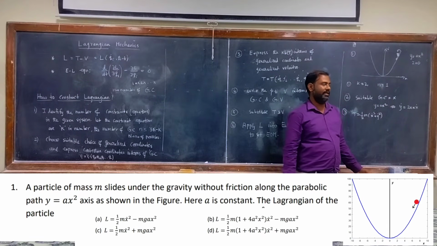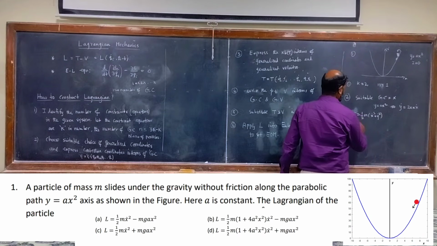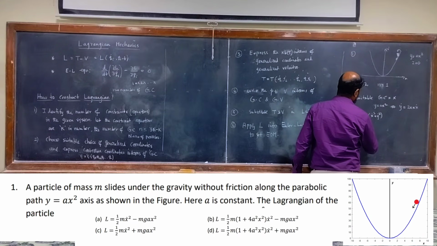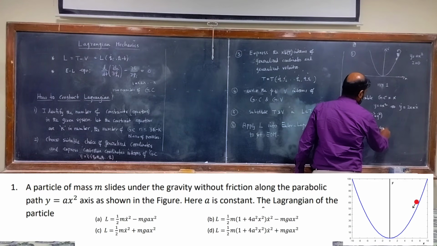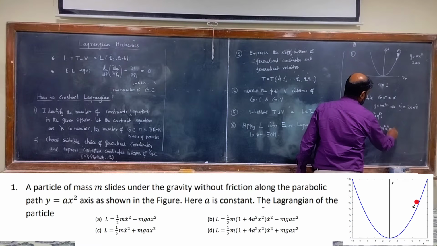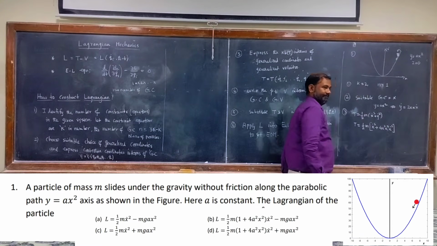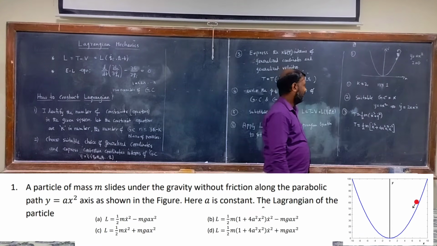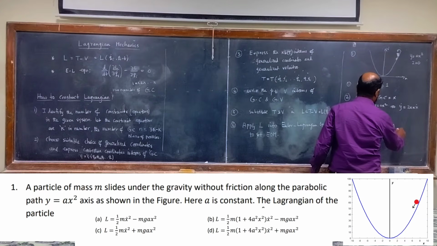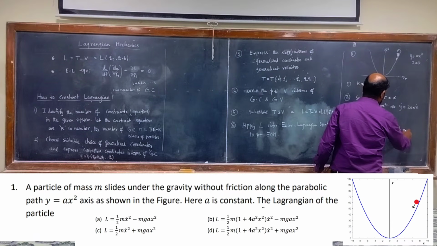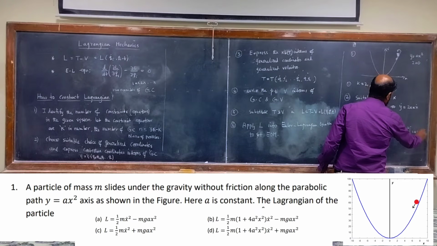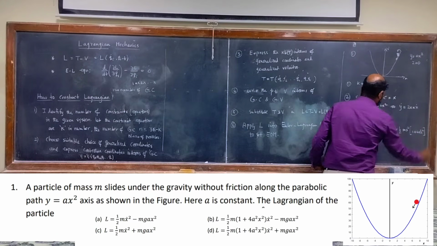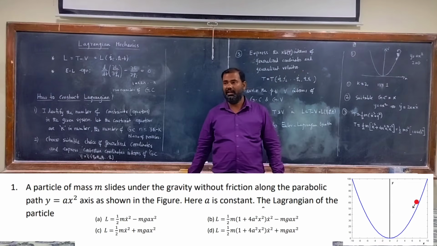So now substitute. So T is equal to 1/2 m x dot square plus 4 a square x square x dot square. We take 1/2 m x dot square common: 1 plus 4 a square x square. So this is the kinetic energy.